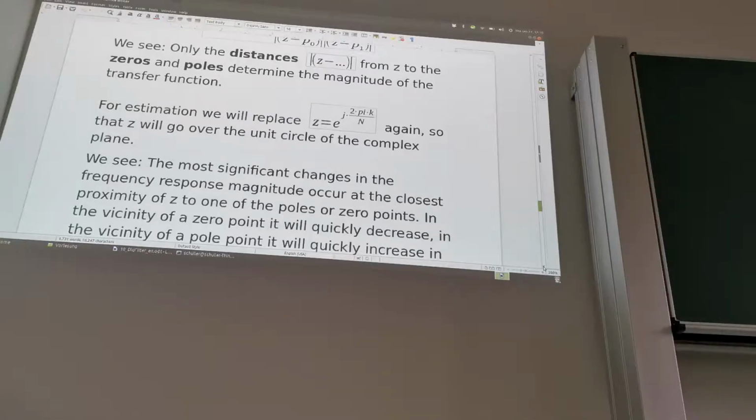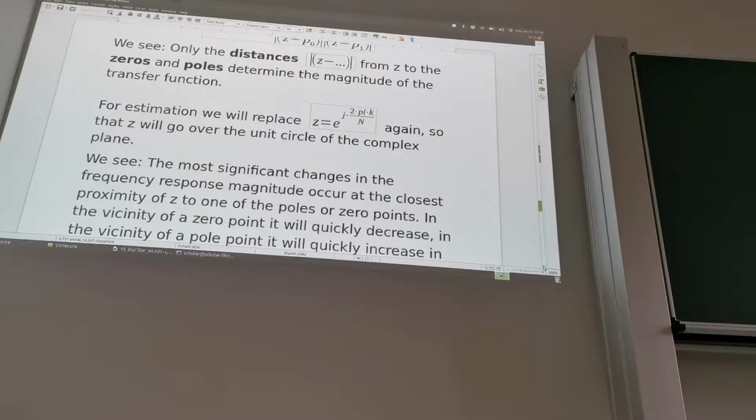And then for each point on the unit circle, we can compute the distances to the zeros and poles. Right? And basically then we measure each distance on the numerator part, multiply them, and we do the same for the poles. We take all the distances to all the poles, multiply them, and that's our denominator. And then we have the division.